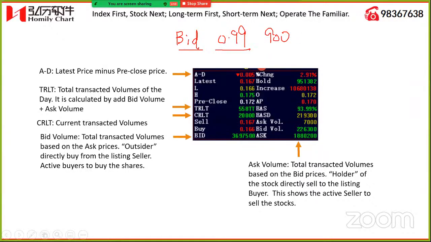All right. So at the same time, there are some shareholders willing to sell the stock at $1.